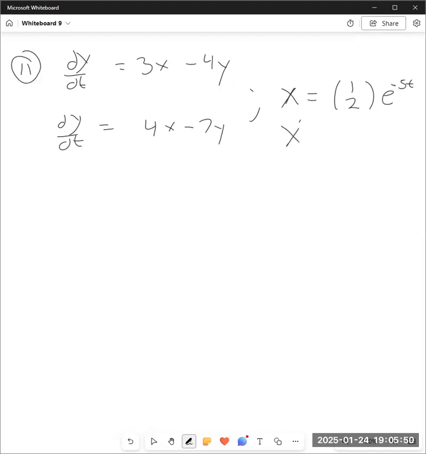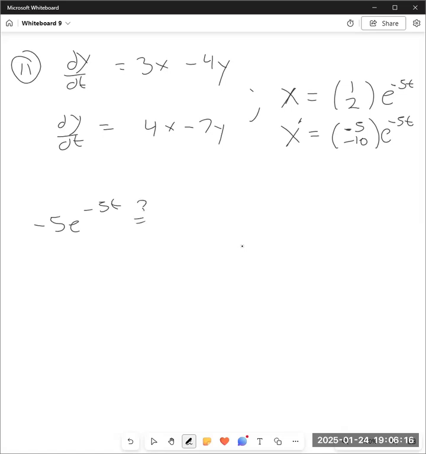So x prime, when we differentiate this, is going to be a negative 5 e to the negative 5t. So multiply the insides here by negative 5. Keep the e to the negative 5t for the x prime. And that's going to be negative 5 e to the negative 5t.